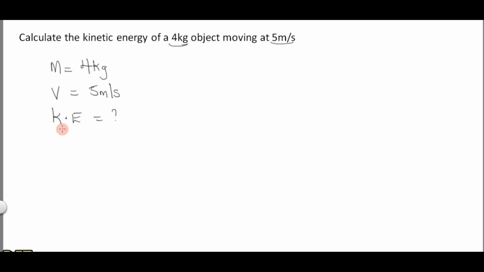So what is the formula for kinetic energy? Kinetic energy is equal to half mv squared.